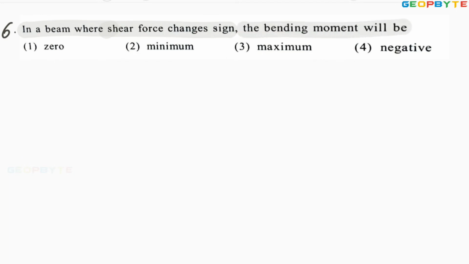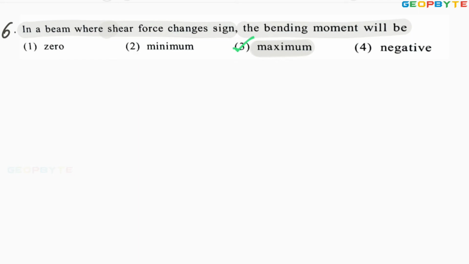Dear friends, wherever the shear force diagram changes its sign from negative to positive or positive to negative, there you will expect the maximum bending moment. I hope you got my point. Wherever the shear force diagram changes its sign from negative to positive or positive to negative, you can get the maximum bending moment. Therefore, third statement is absolutely correct.